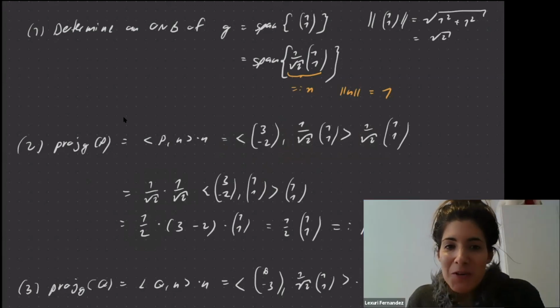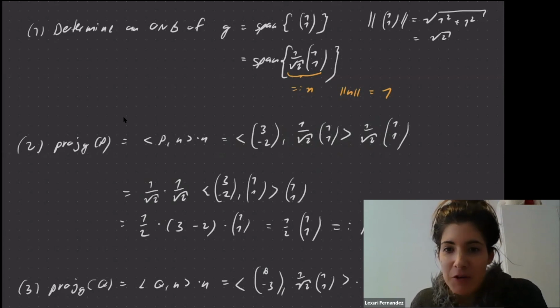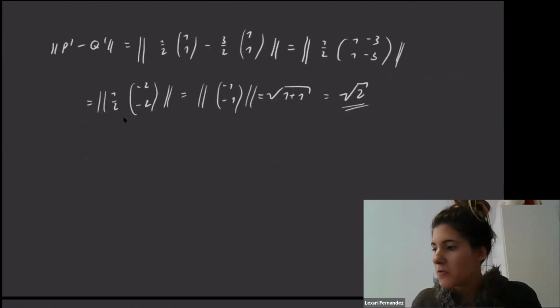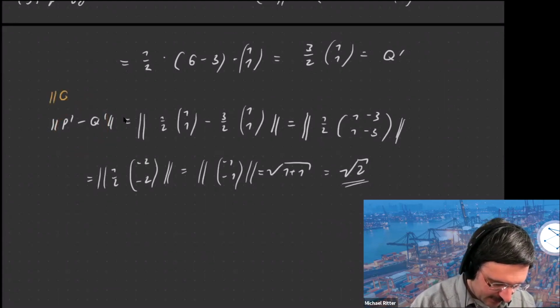Why don't we compute q prime minus p prime to get the length of the orthogonal projection of the segment PQ? So you mean, instead of this expression here, you would want to compute the norm of q prime minus p prime.